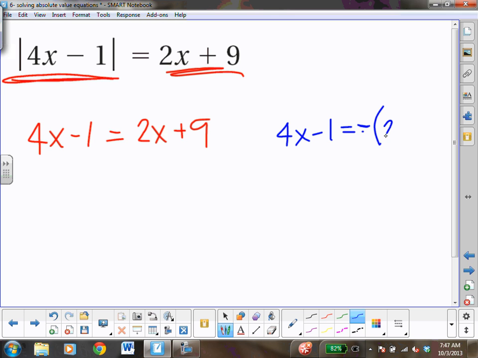So you'll have to make the entire right side of the equation negative. And again, we should, in theory, have two solutions when I solve this.